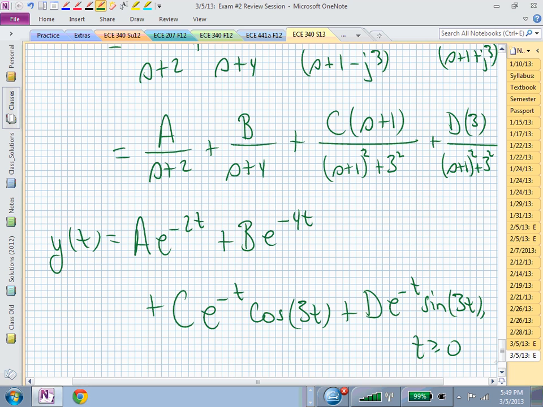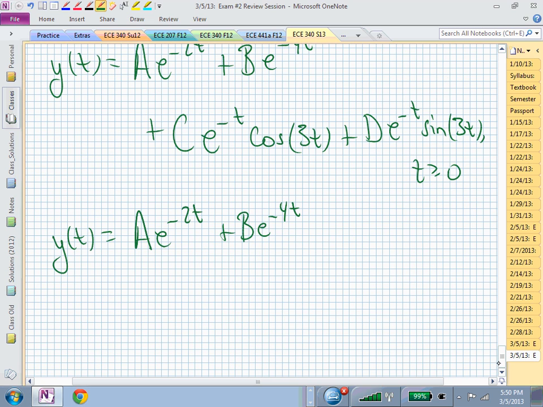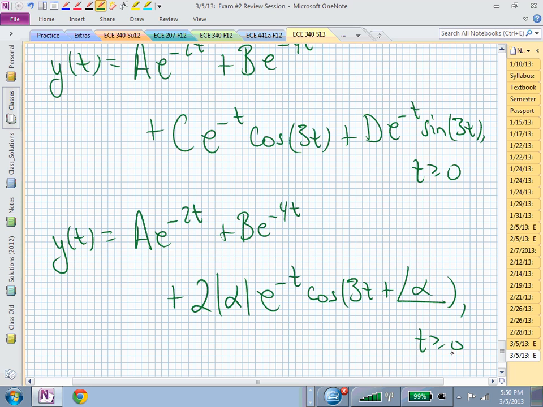If you did it the other way, you would still have the A and the B the same, but now you have 2 times the magnitude of alpha, e to the minus t cosine of 3t plus the angle of alpha. And that's exactly the same answer as the previous one.